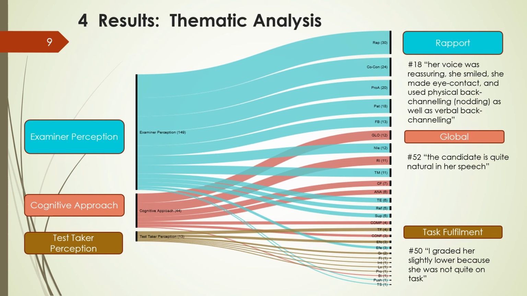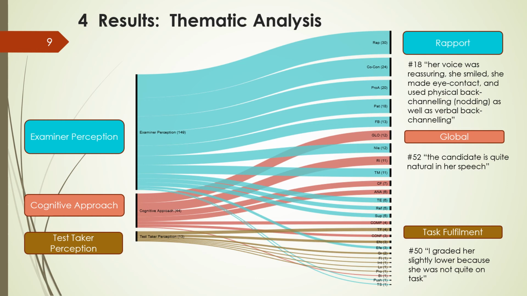The alluvial diagram in the centre provides a visual overview of the relative contributions and connections between the macro themes on the left with their respective sub-themes on the right. There were three overarching macro themes to the commentary, of which examiner perceptions was the largest, and this is indicated in the diagram with the blue filaments.